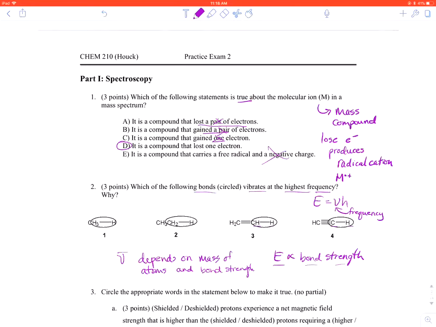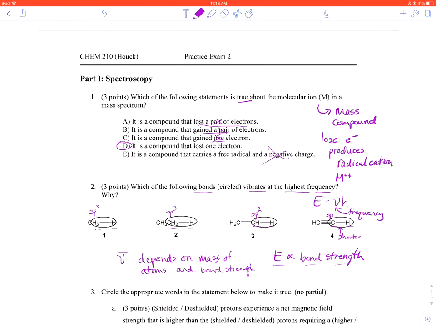So we have CH, CH, CH, and CH here. So what's going to be the determining factor here? Well, the only real difference between these CH bonds is the hybridization of the carbon bonded to that hydrogen, and the more s character, the more electronegative that carbon is, and the shorter this bond will be, shorter, stronger bond, then would require higher energy to vibrate, higher frequency to vibrate.